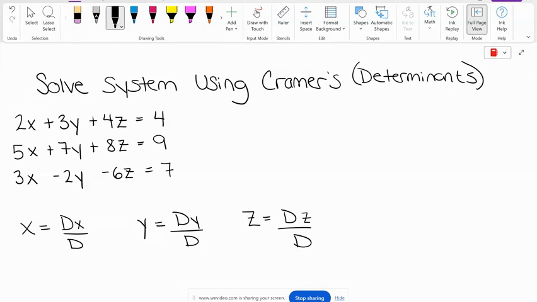Who remembers? What is D? Caitlin? The determinant of what? Okay, the determinant of the coefficient matrix. So remember, D is equal to the determinant of the coefficient matrix.